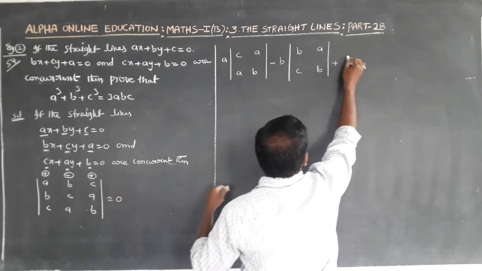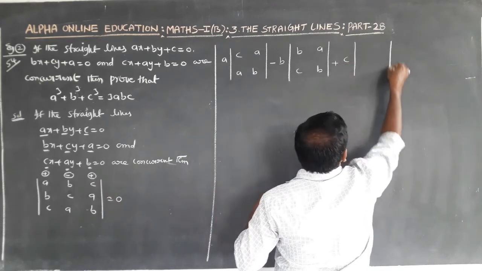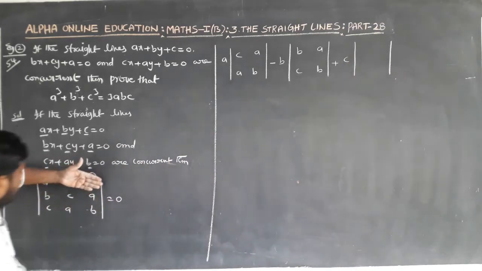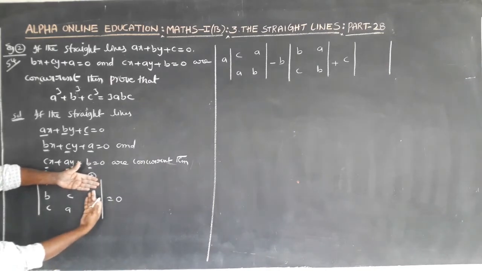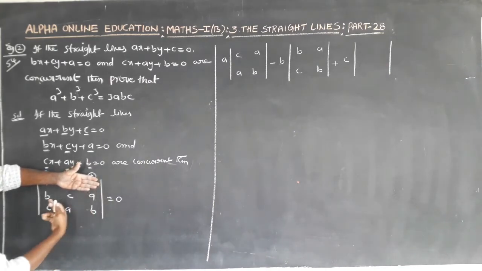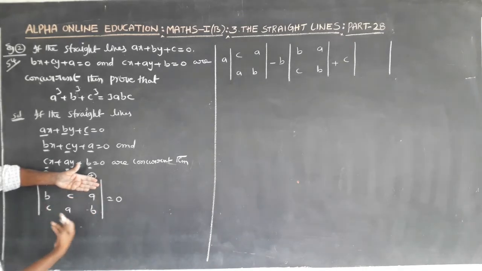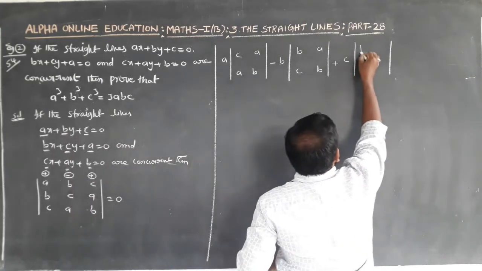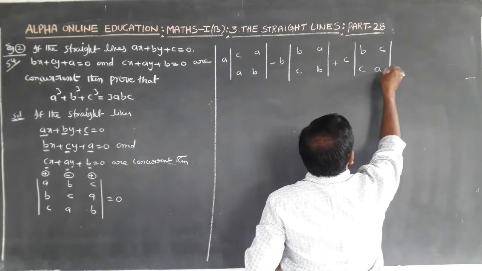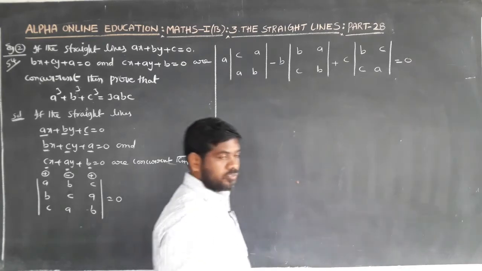Third one plus c into: cancel c's row and c's column, remaining value b c, c a. Equal to 0.